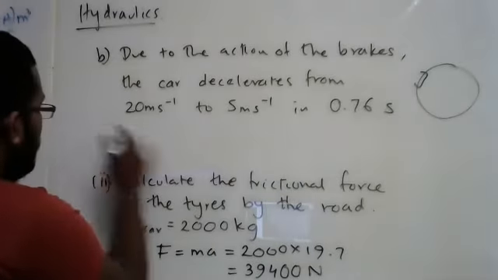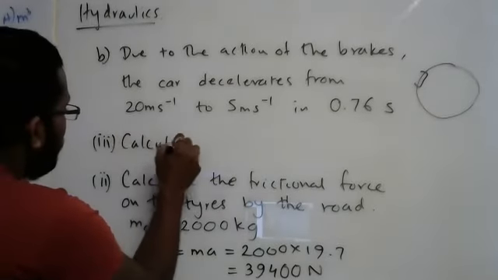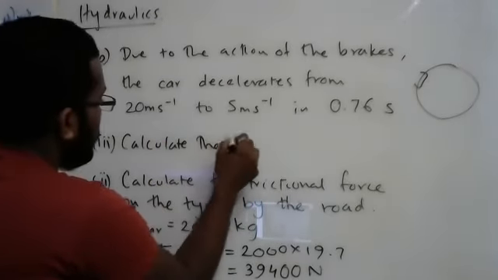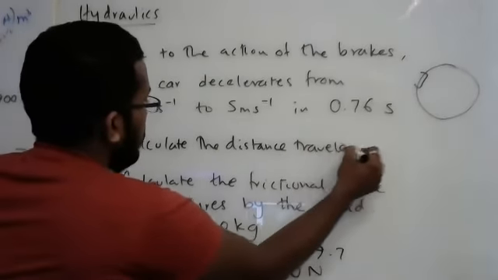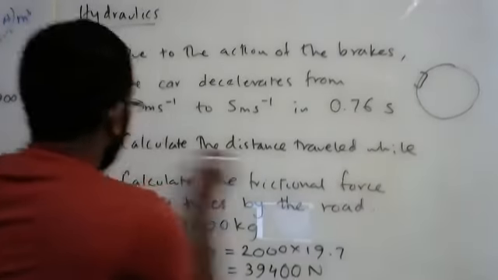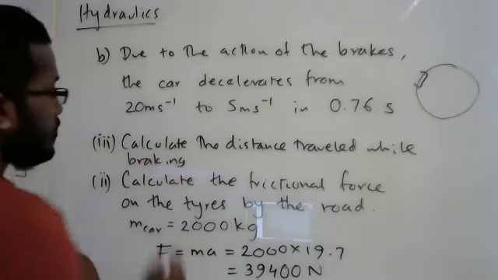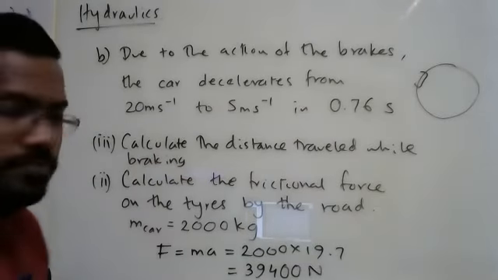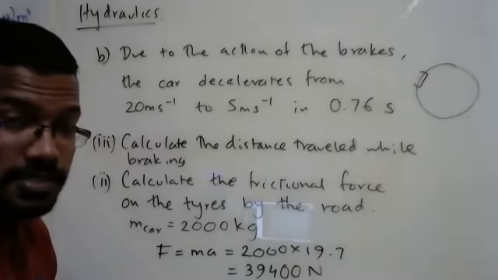Number 3 is to calculate the distance traveled while braking. For this, there's a special equation with acceleration and distance.